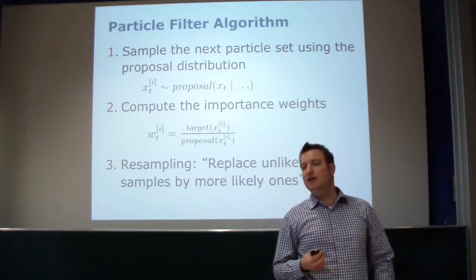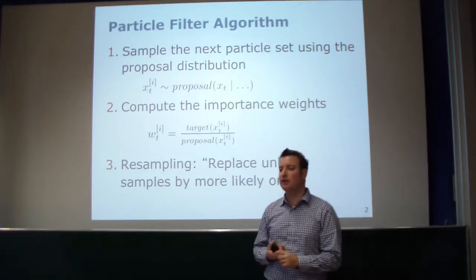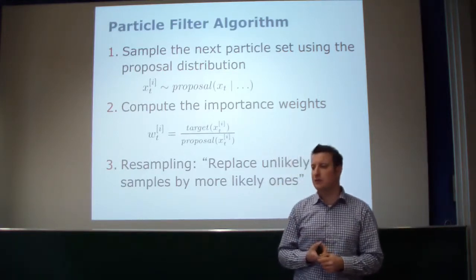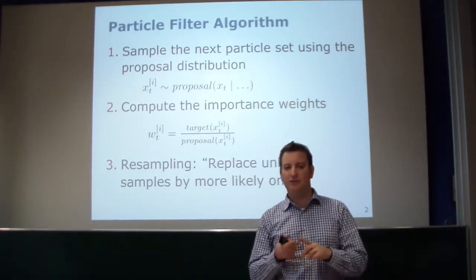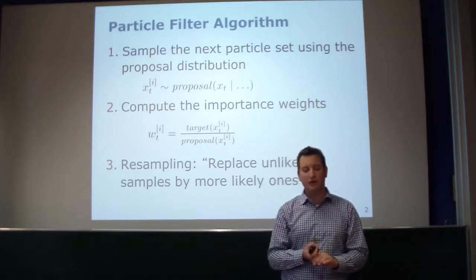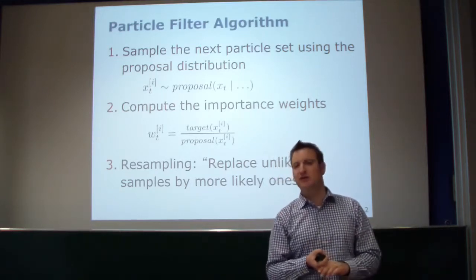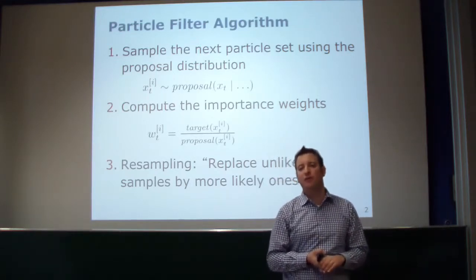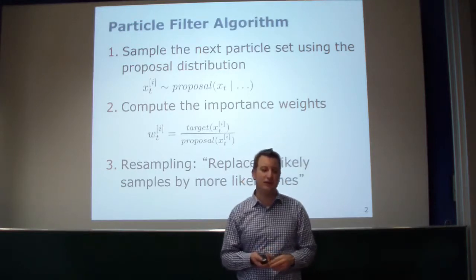The problem here is that the dimensionality of the problem we are addressing is very high. These are the poses, so the trajectory of the robot, as well as the positions of all landmarks. Particle filters are not well suited for very high dimensional problems.